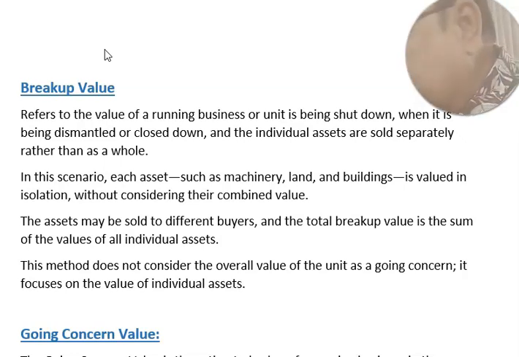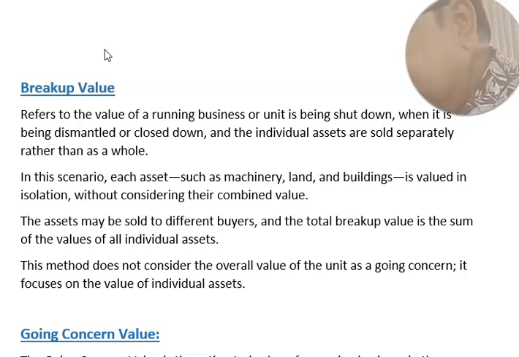Breakup value is the value of a running business or unit that is being shut down, dismantled or closed down, and the individual assets are sold separately rather than as a whole. If any unit breaks down, assets are sold as individual assets, say machinery sold separately, land sold separately, building sold separately.